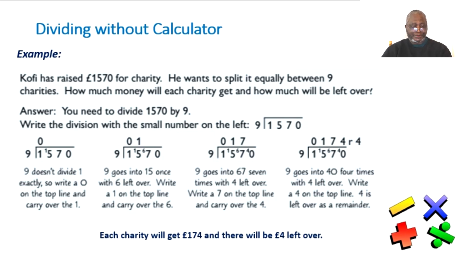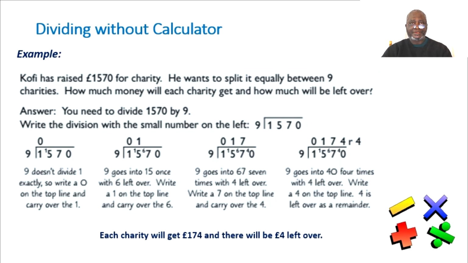You move the 4 over to the 0 to make it 40. And then 40 divided by 9 is equal to 4. But remember, 9 times 4 is 36, so there is a difference of 4. There is nothing else to divide, so that 4 becomes a remainder.